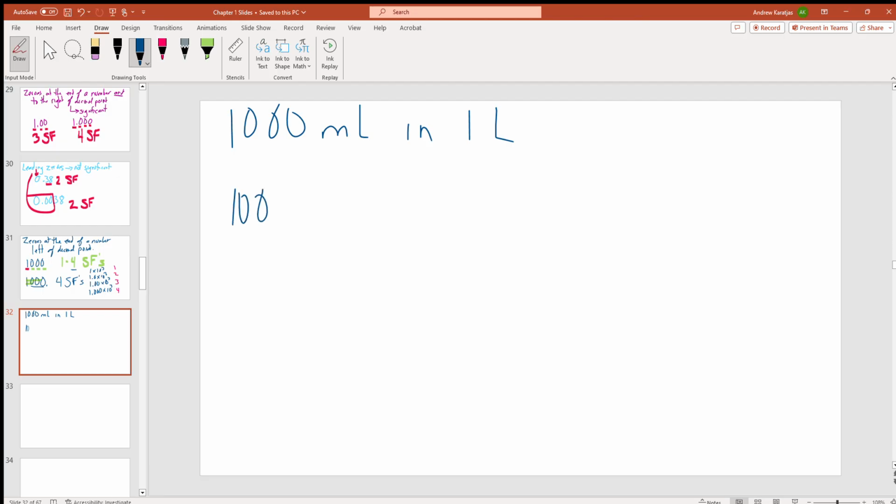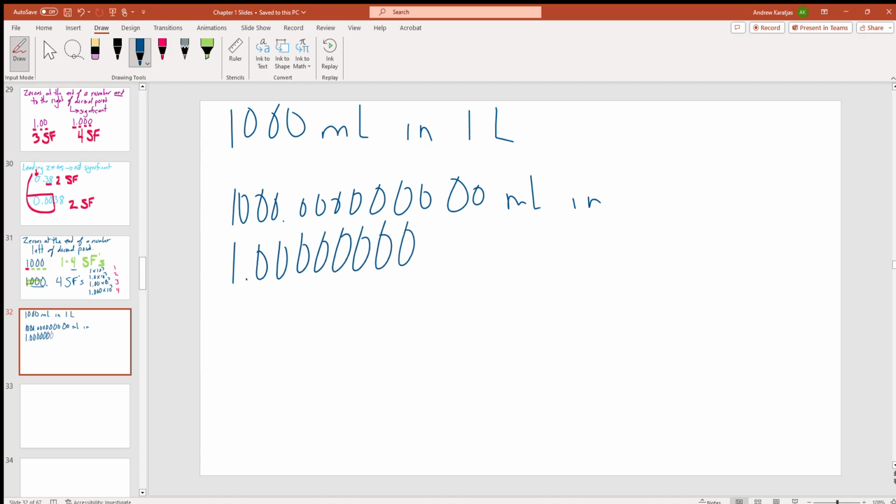We could write this like this. When we're dealing with an exact value, we can treat that as if it has essentially an infinite number of significant figures.